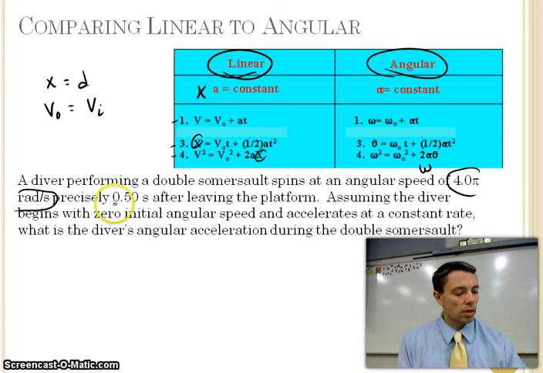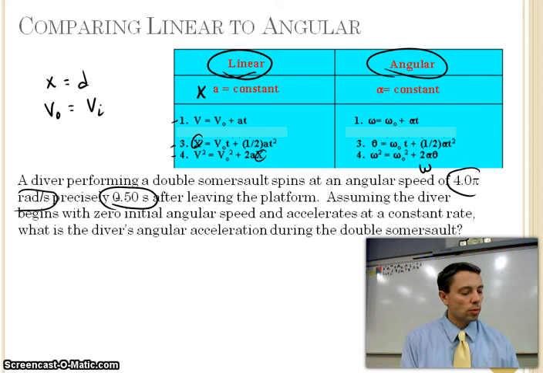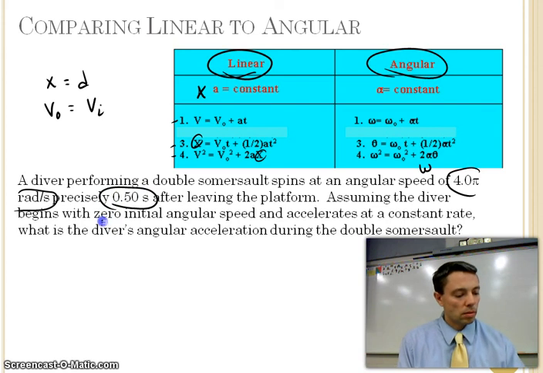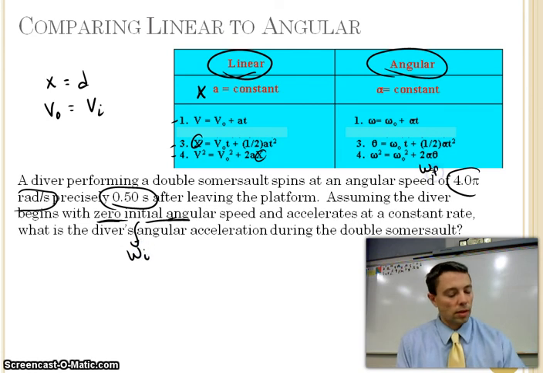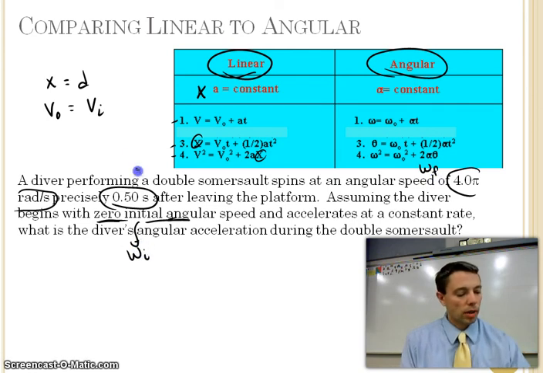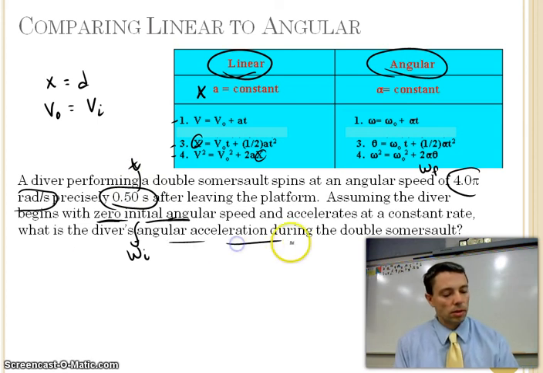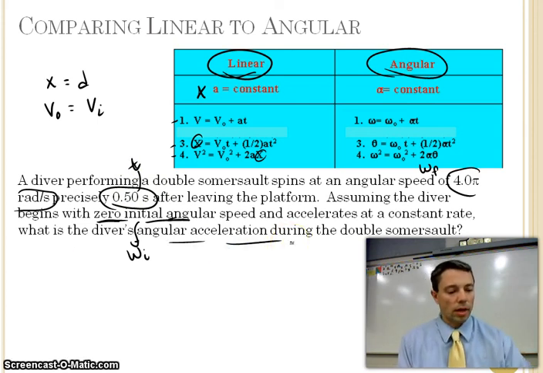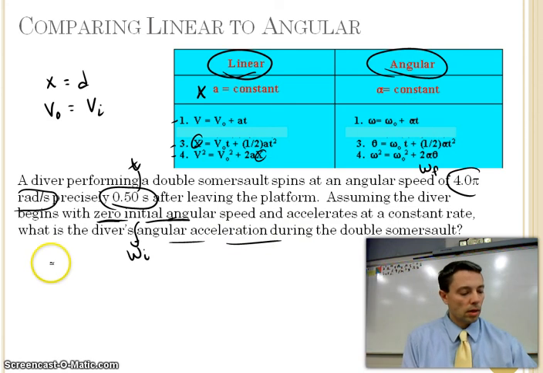And precisely at 5 seconds after leaving the platform, assuming the diver begins with 0 initial angular speed, that means that this is a final, and this is my time. What is the diver's angular acceleration? So now we're looking for angular acceleration. I have omega i, I have omega f, and I have a t, and I'm looking for this.